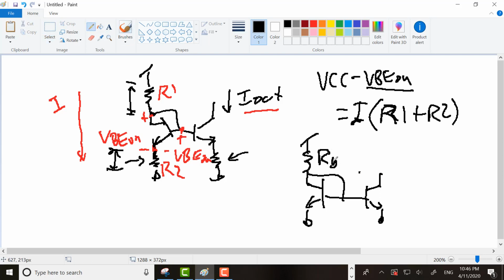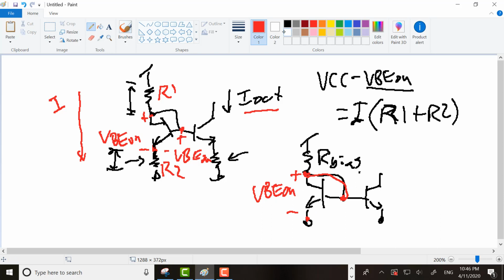You had to calculate R bias, and what you know about this is you're still dropping VBE on across here. So you have VBE on across here, but this has a wire shorting it to this node. So you have VBE on across here.